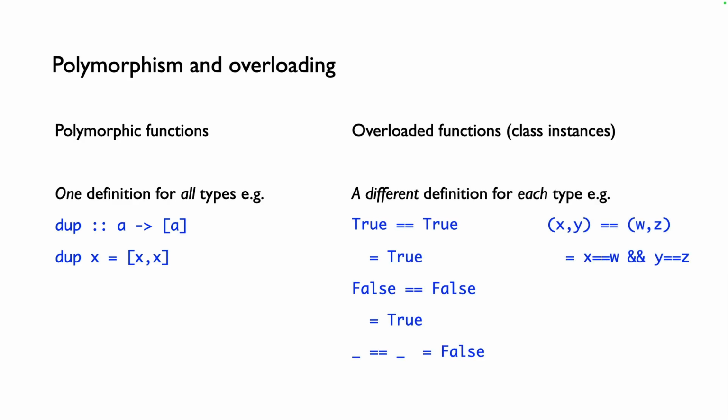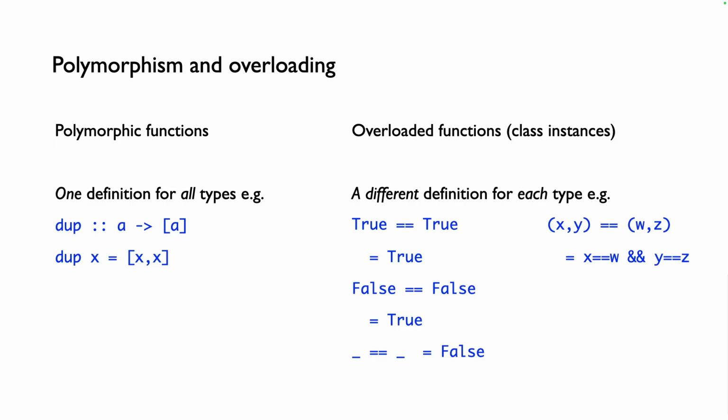So overloaded functions, we've talked a bit about these as instances of type classes. What type classes allow us to do is use the same symbol, like equals equals, at different types, denoting different functions. So the functions I've just shown here are the functions for equality over booleans. So true equals true evaluates to true, false equals false evaluates to true, and any other combination of true and false evaluates to false. So equality over booleans is defined by pattern matching, essentially.